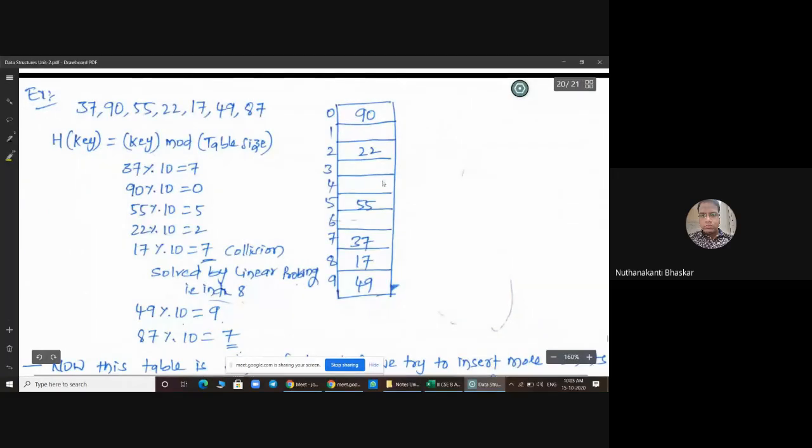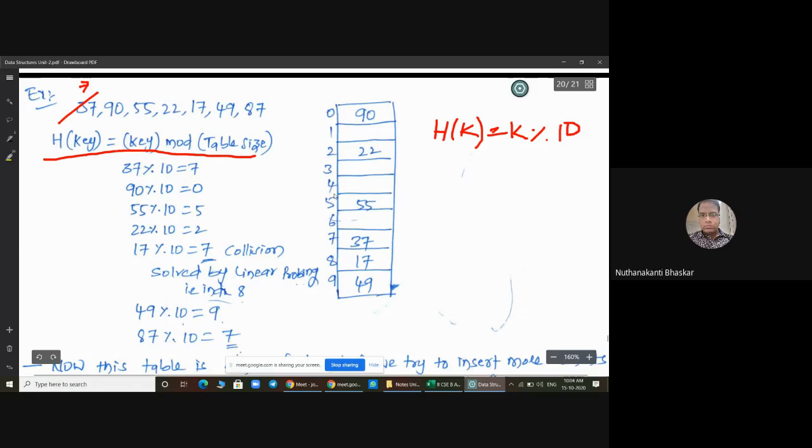Now you know this is a division method, right? H of k equal to k modulus. Here, what is the size of the table now? 10. Then I am using 10. Then for 37, what is the hash value? 7.